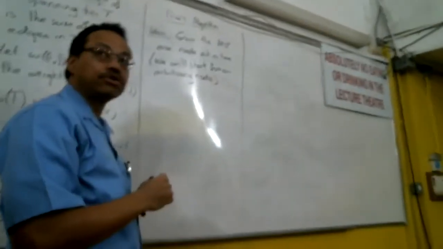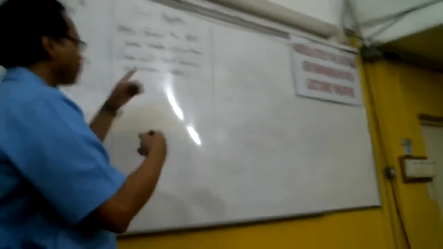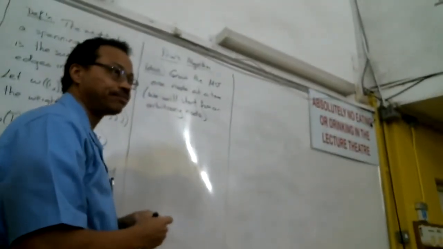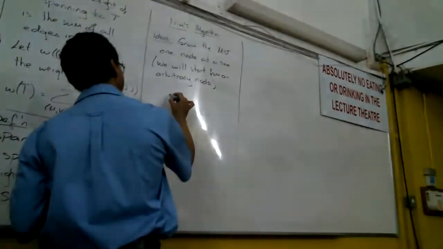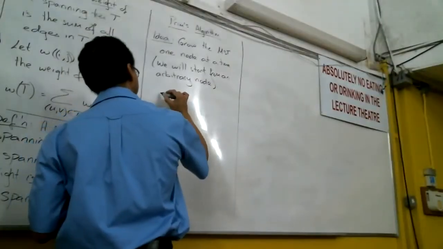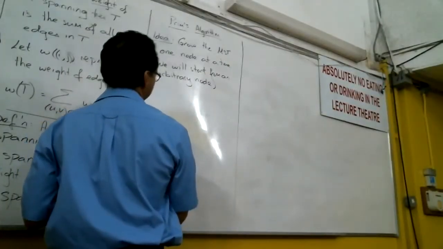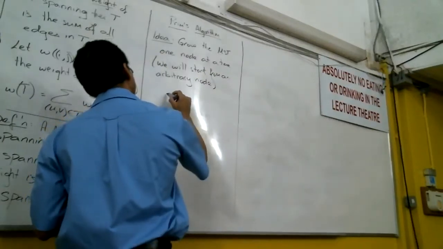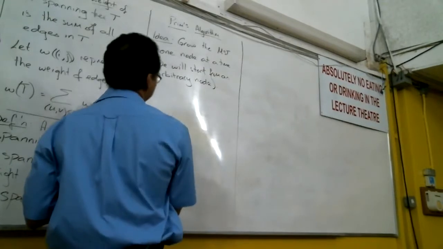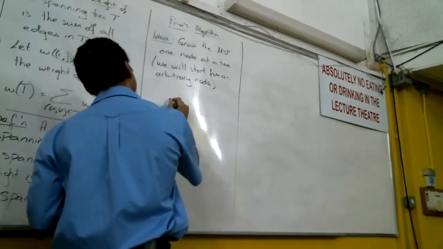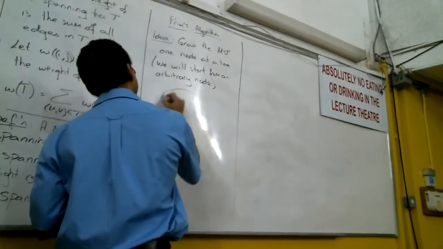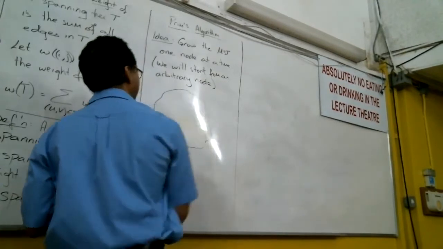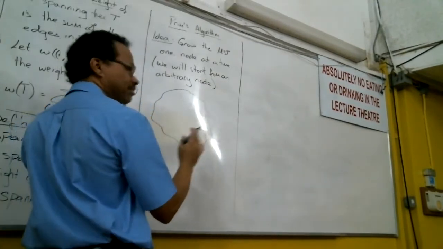Now here's a question. How do we select that node to choose whenever we're ready to do this process? Here's the idea. Imagine this is my graph, the space the graph is living in.